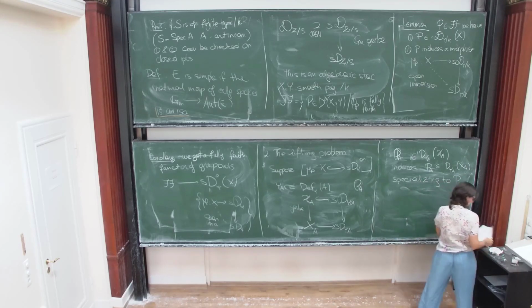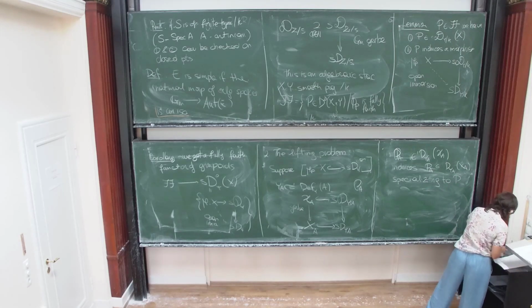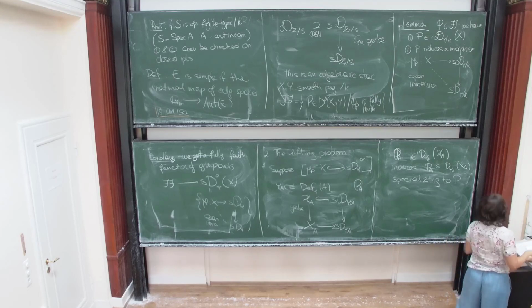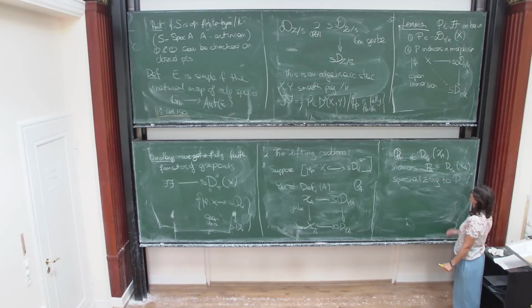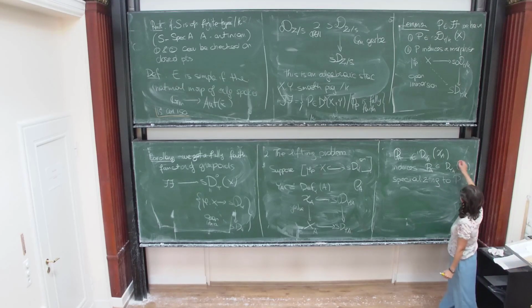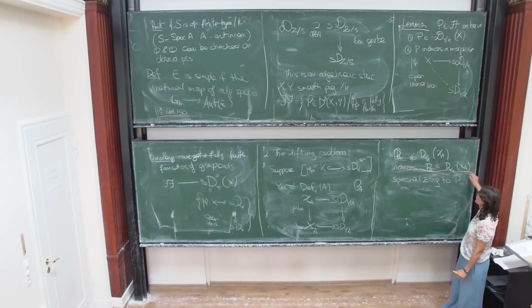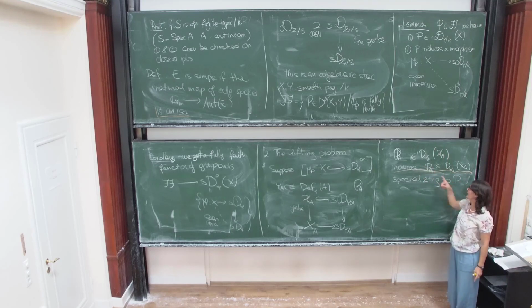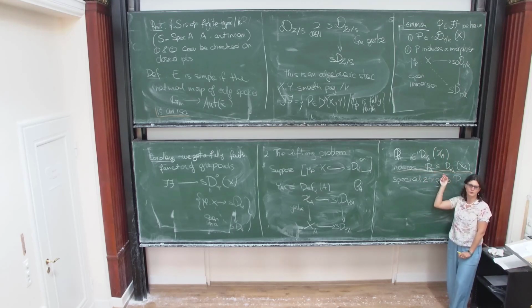And so here I want to make some remarks. So here you have to be careful because these are gerbes. So a priori, what you could get is a twisted sheaf here.